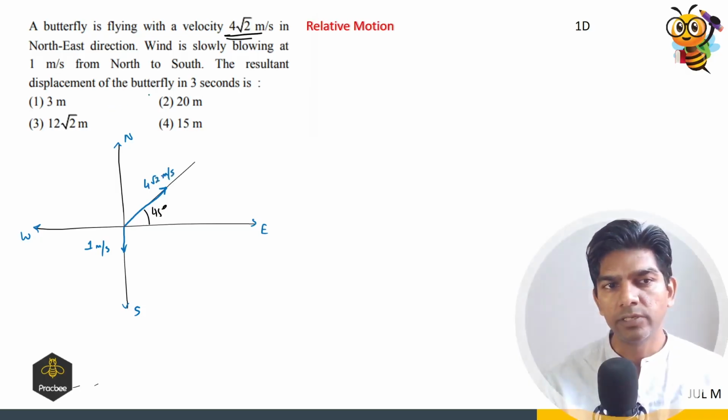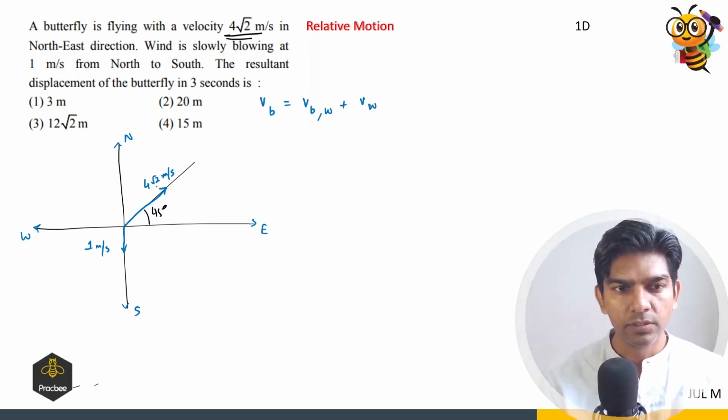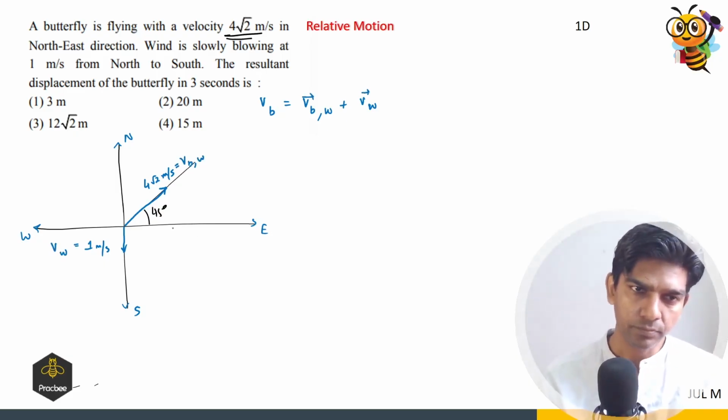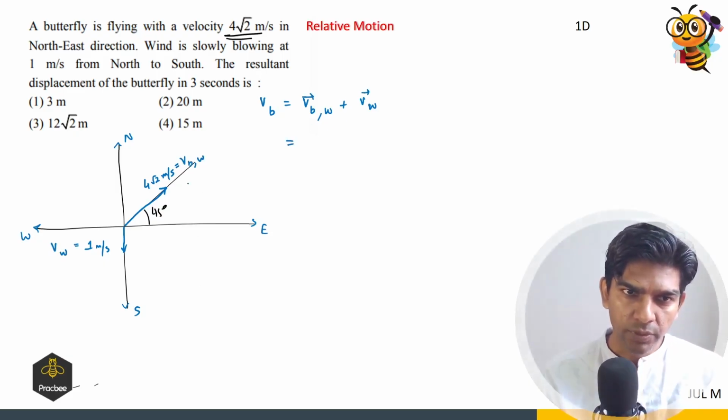The resultant displacement of the butterfly. So the velocity of the butterfly in ground frame will be velocity of butterfly with respect to wind plus velocity of wind, right? So let me call this velocity of butterfly with respect to wind, and this will be velocity of wind. So vector addition of these two. So velocity of butterfly with respect to wind will be 4 root 2, and let us take the components, right?